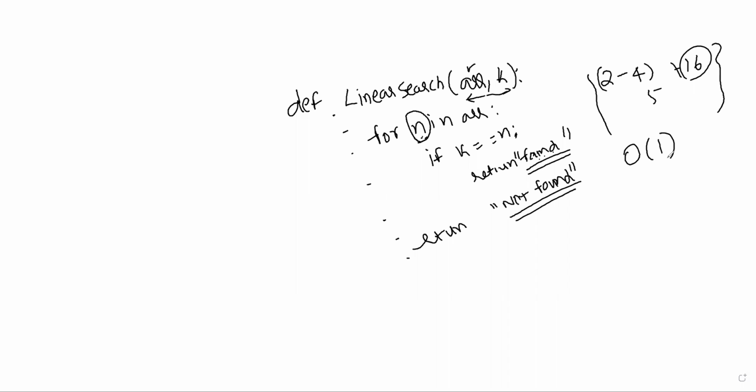Clear, Arvind? Yes, sir. Yes, because if I create an array again here, if I copy this array or do something with it, then it is O of n. Clear? I don't have any array here, so it is O of 1. This is space complexity.